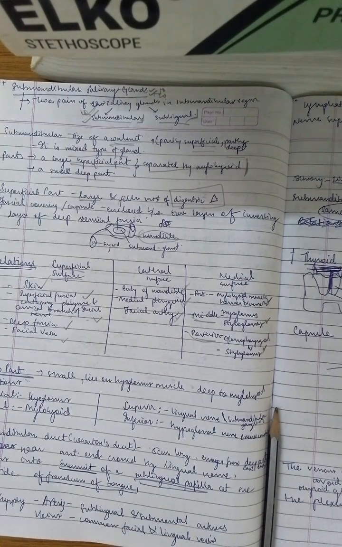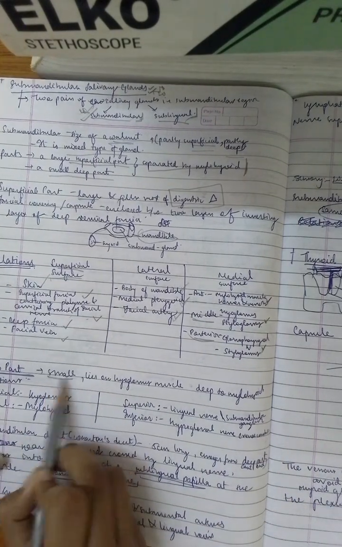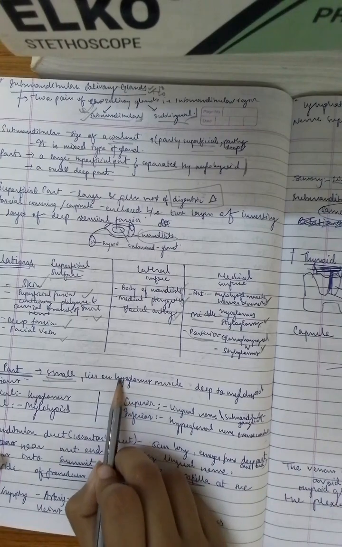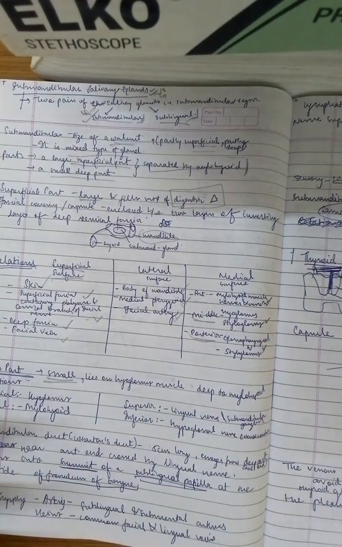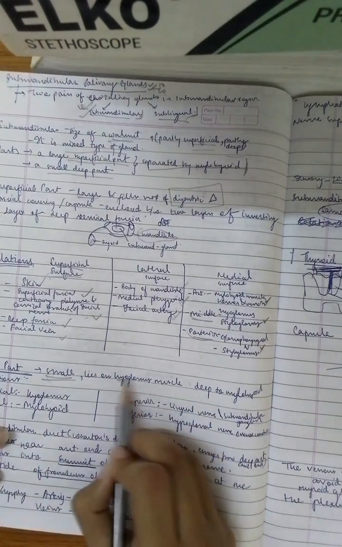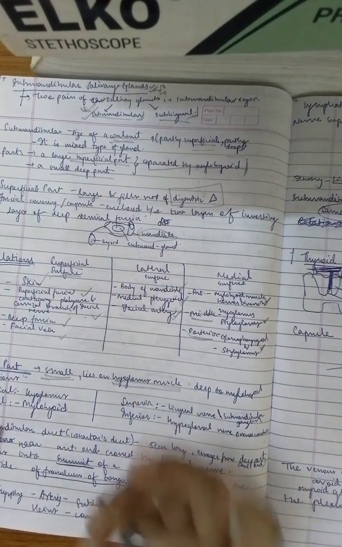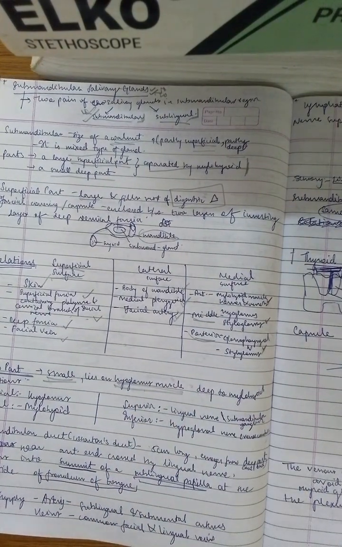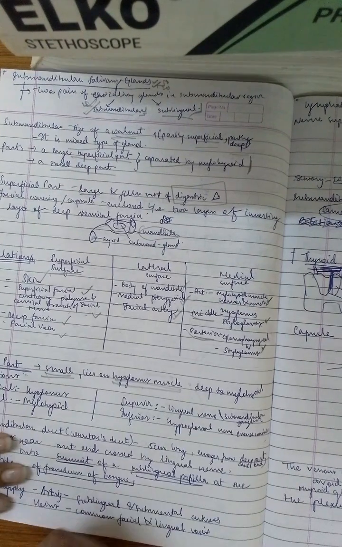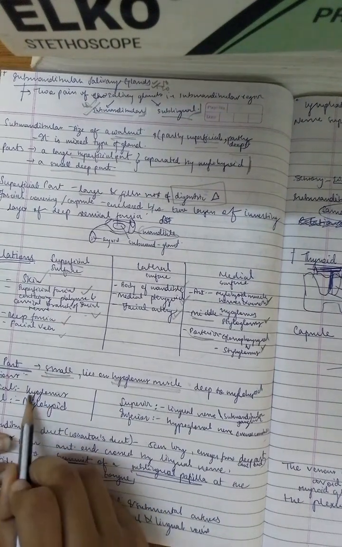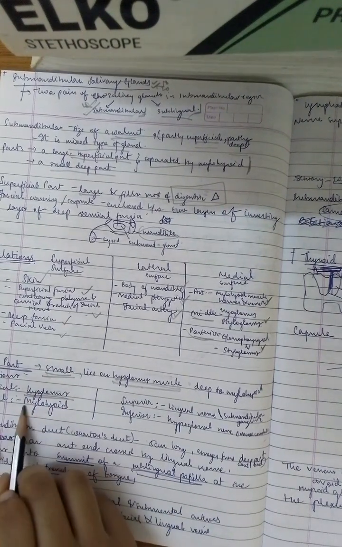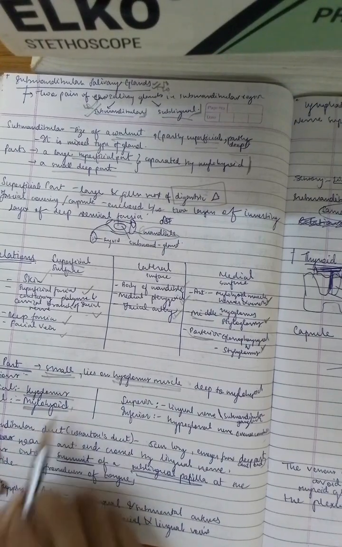Then the deep part, the small one, lies on the hyoglossus muscle and is closely related to the duct of the submandibular gland. Medially it is related to hyoglossus muscle. Laterally it is related to mylohyoid muscle.